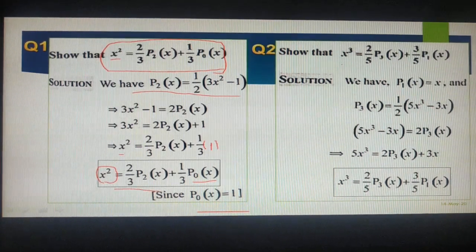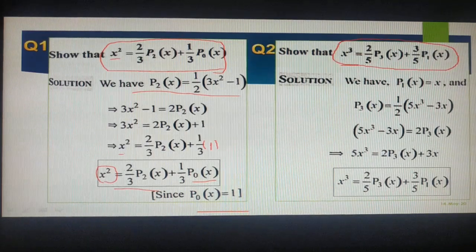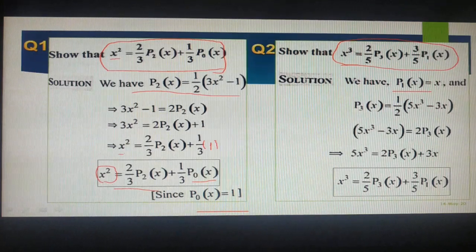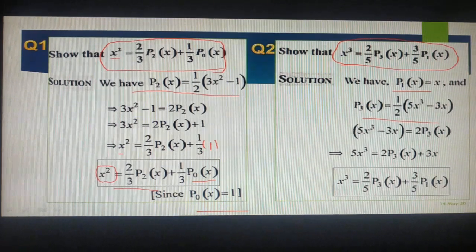Similarly, we have to write x cube in terms of Legendre polynomials. As you know, P1 of x is x, and P3 of x I ask you to memorize: P3 of x is 1 by 2 times 5x cube minus 3x. So 5x cube minus 3x is nothing but 2 P3 of x.